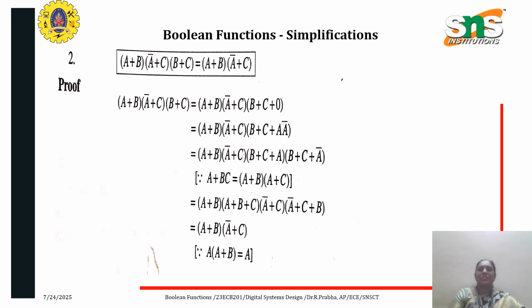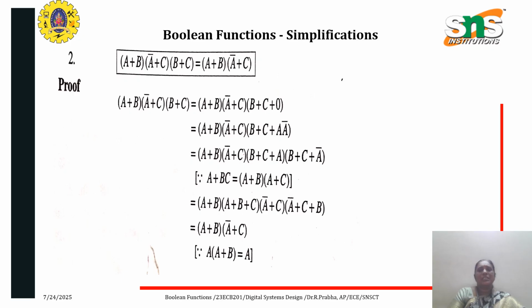In the next step, instead of 0, we are giving AA', because any variable multiplied by its complement gives 0. For example, if A is 1, its complement is 0, and 1 into 0 is 0. So in this way, we can give AA' instead of 0.